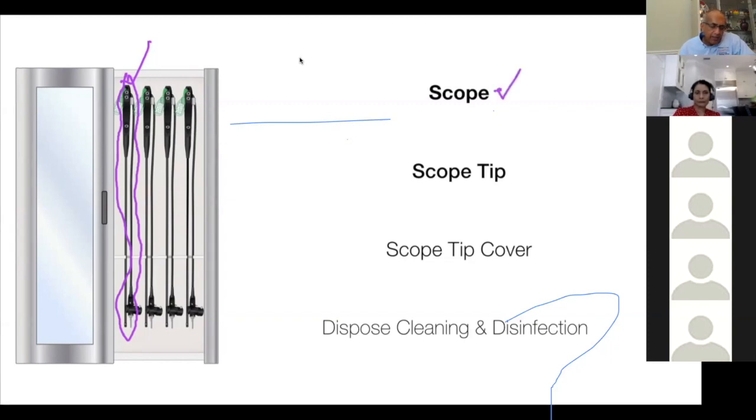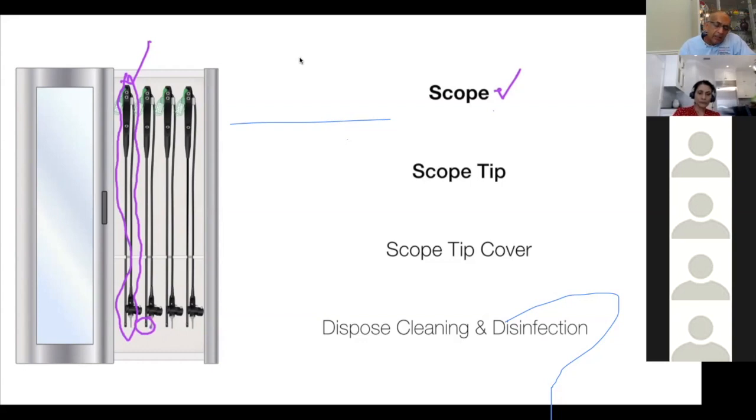The second concept that came, and is now in place, is to figure out a way to change the tip of the scope for ERCP scopes. So the elevator we talked about, which causes the problems and is difficult to clean, you get rid of that whole issue by changing the elevator. You have a scope, you clean the scope, but for every procedure, you put a new elevator segment.